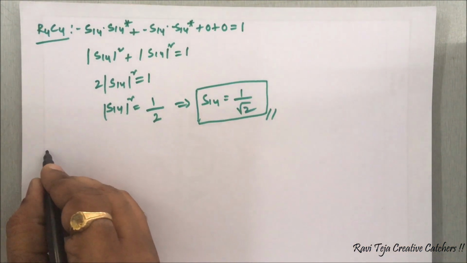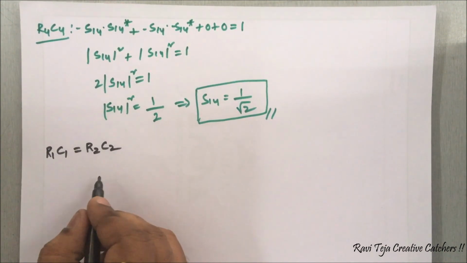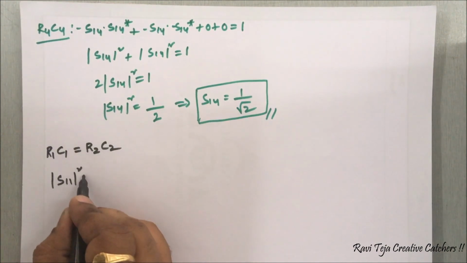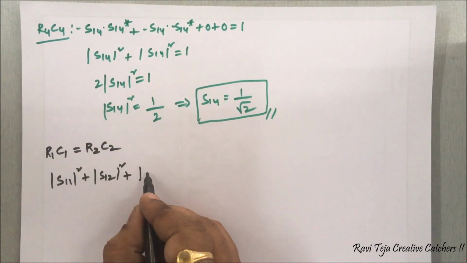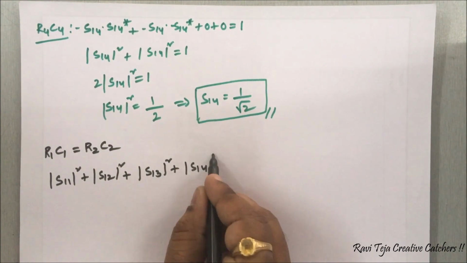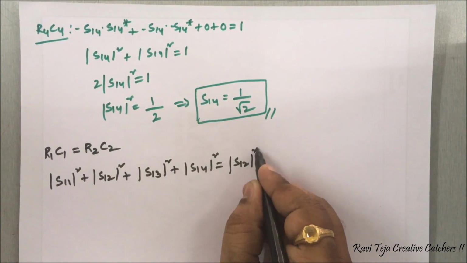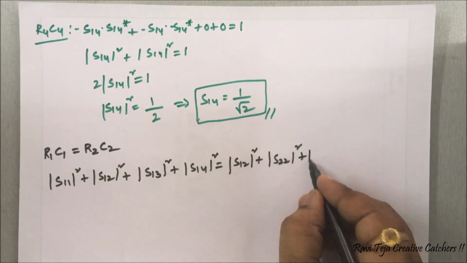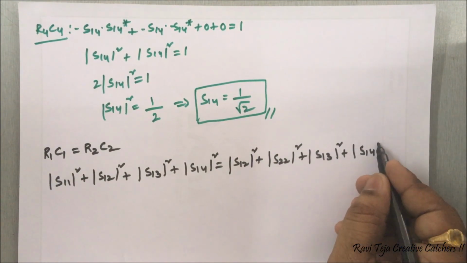Now let's equate R1 C1 is equal to R2 C2. So what is R1 C1? R1 C1 is modulus of S11 square plus modulus of S12 square plus modulus of S13 square plus modulus of S14 square is equal to modulus of S12 square plus modulus of S22 square plus modulus of S13 square plus modulus of S14 square.